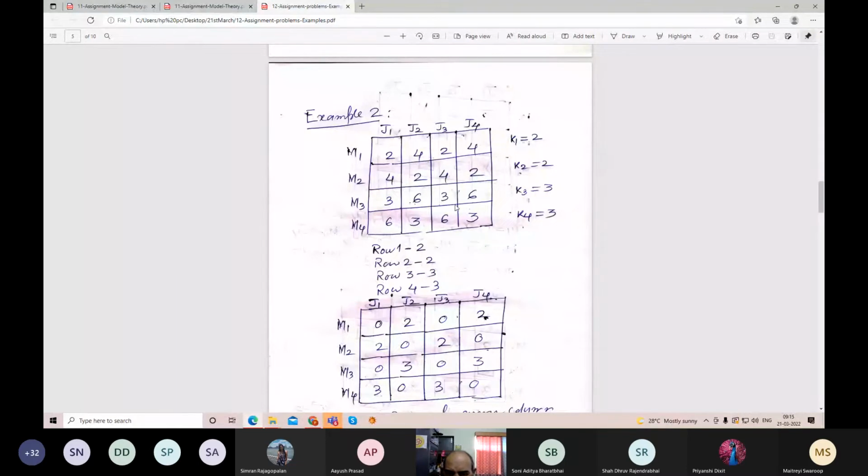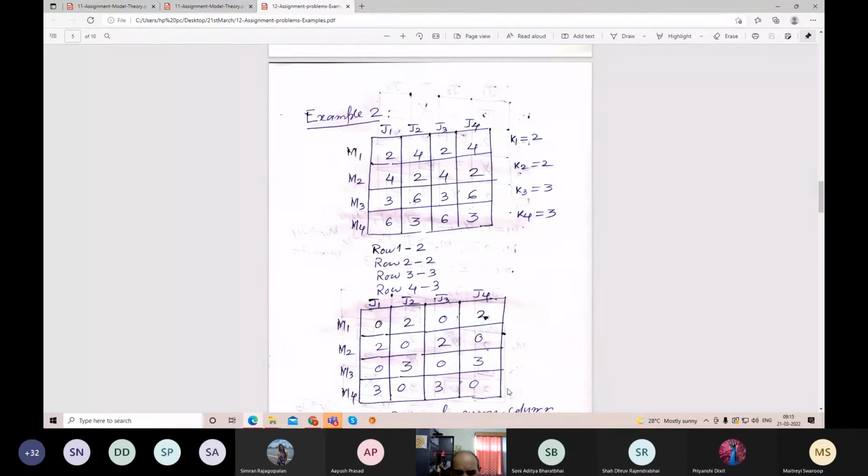Third row minimum is 3 units. And fourth row minimum is 3 units. We subtract. After subtracting, we find the first row has two 0s, second row has two 0s, third row has two 0s, and fourth row has two 0s.